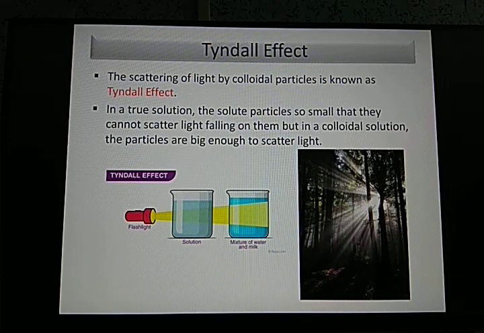So these are some of the examples where the Tyndall effect can be seen, and this is only possible because in all these cases the substances which scatter the beam of light are colloids. So if there is scattering of a beam of light, or if it shows the Tyndall effect, then we are pretty sure that it is a colloid.